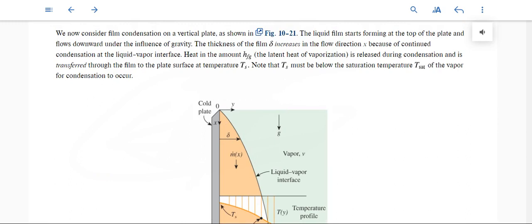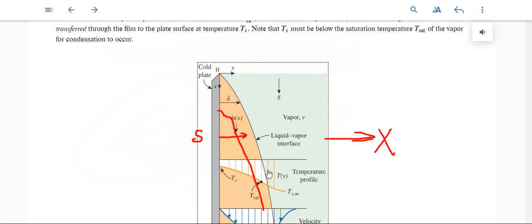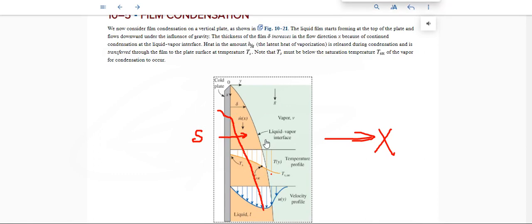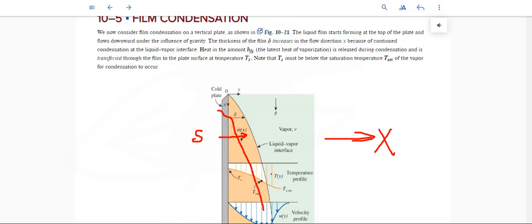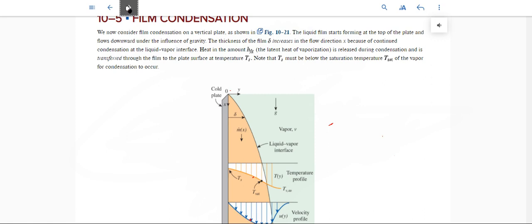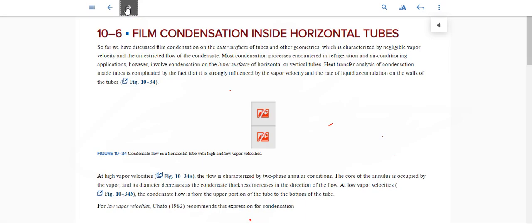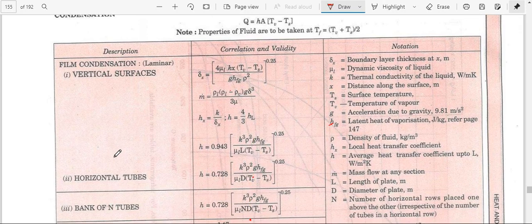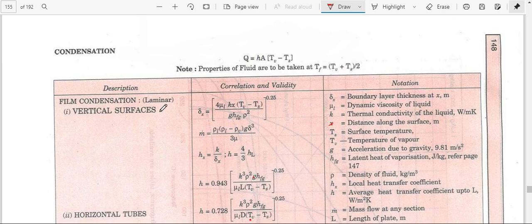The liquid film, vapor interface. Now we can observe the vertical surface diagram.